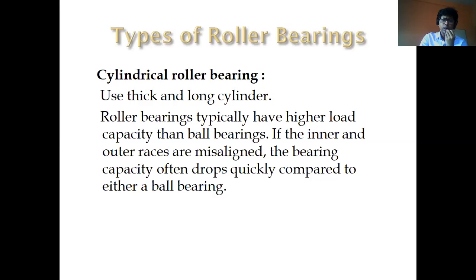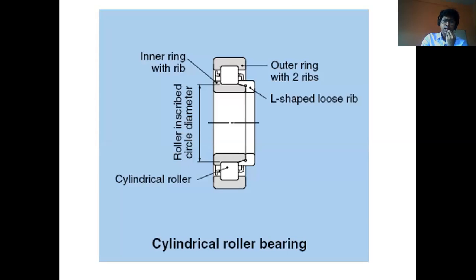Now the cylindrical roller bearing is used for thick and long cylinders, like a leaden bearing. You will see that this is a cylinder-type bearing where cylindrical-shaped rollers are used in both the directions.